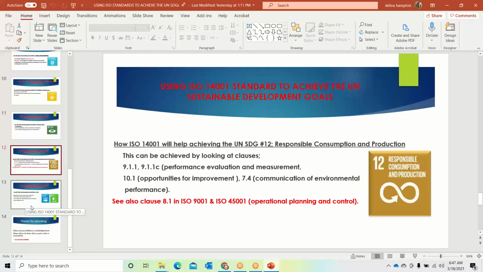They need to communicate it to stakeholders, to interested parties. They need to make it known to them. That aspect of communicating and sharing goes a long way to meet this United Nations Sustainable Development Goal number 12.